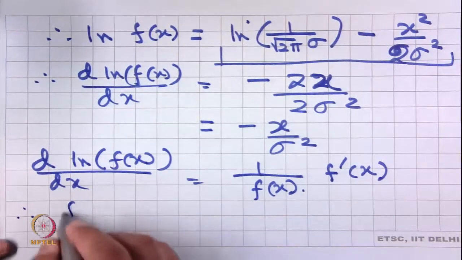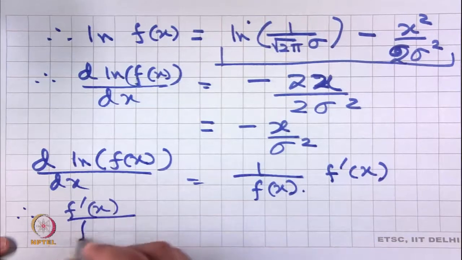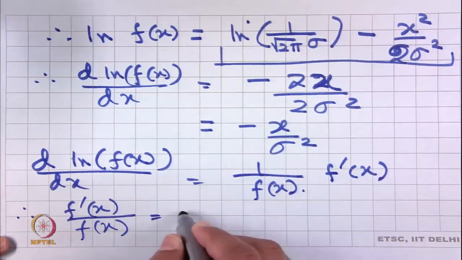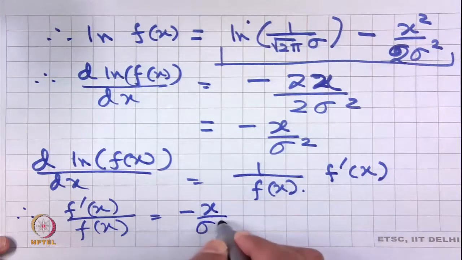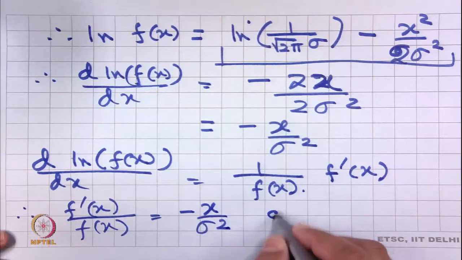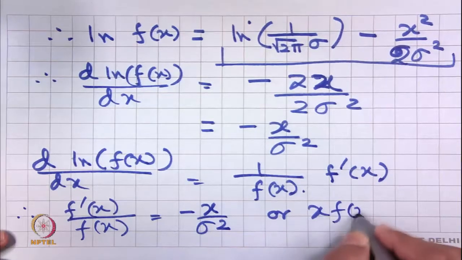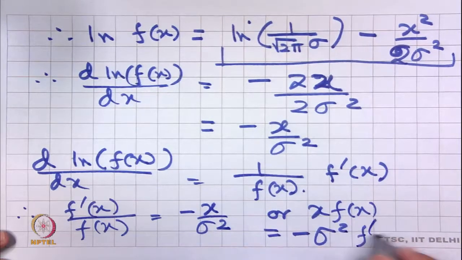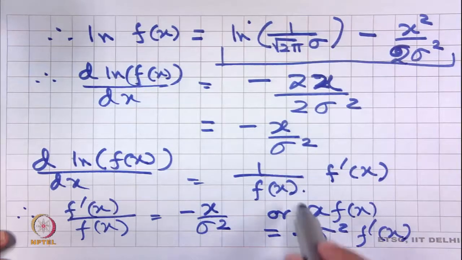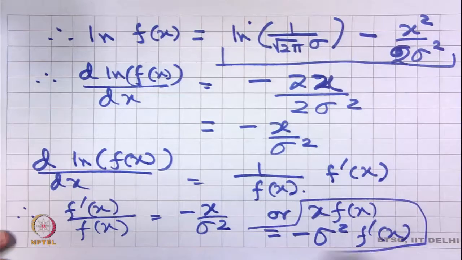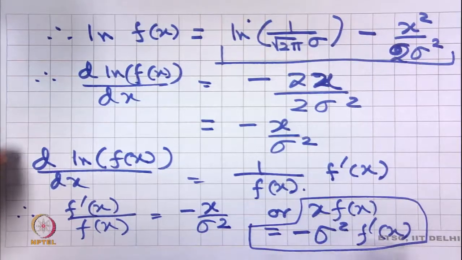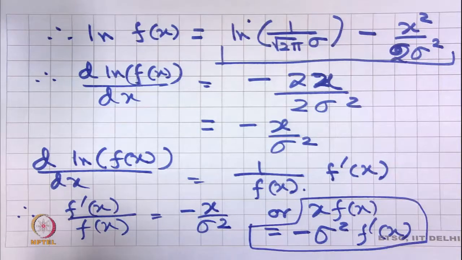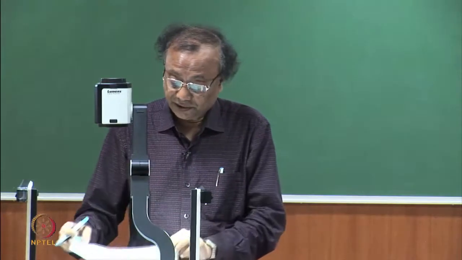Therefore, f prime x upon f x is equal to minus x upon sigma square, or x f x is equal to minus sigma square f prime x. So, we got an expression involving x f x, which we can now replace with minus sigma square f prime x. So, let us go back to our expression.